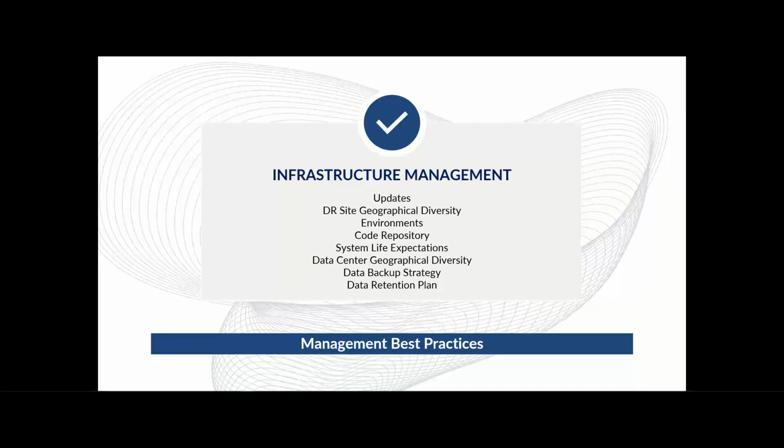So one of the things that comes up quite a bit now is DR site diversity, because one of the things that we see, especially with organizations that leverage maybe Azure or AWS, is that they're really not thinking about diversity from a cloud perspective of DR. So having multiple zones within a region or multiple regions when they deploy.